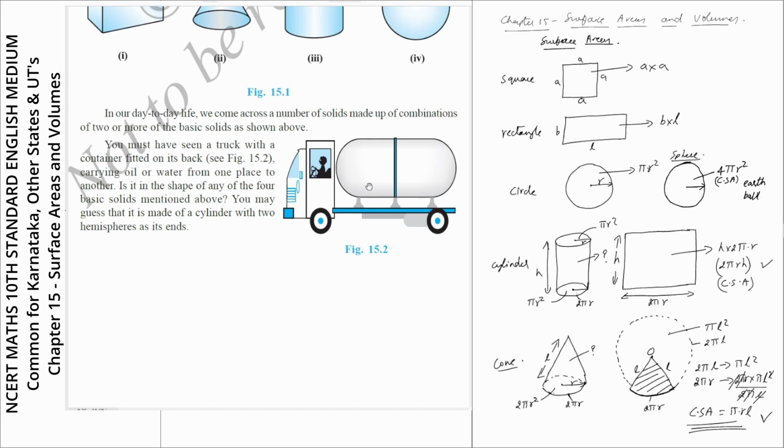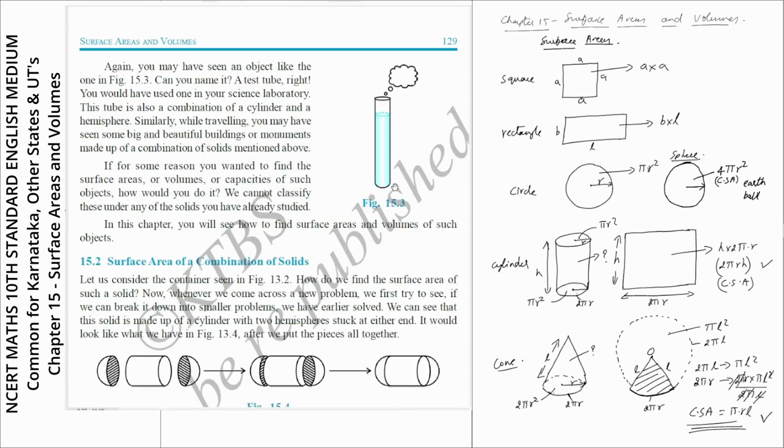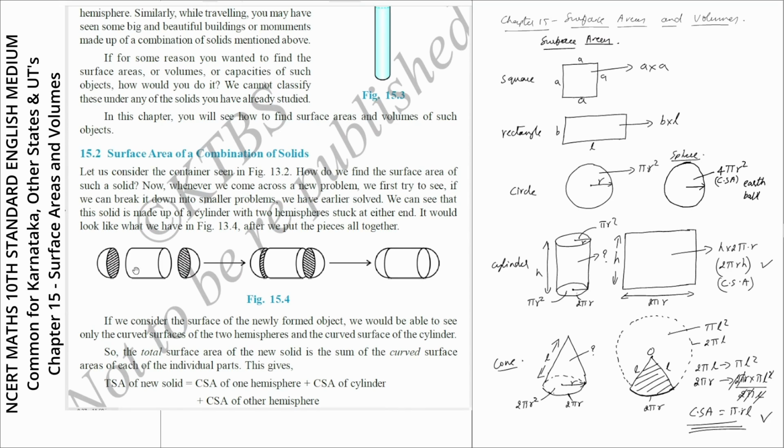Now here you can see there is a milk tanker. What could be the surface area of this milk tanker? I can divide this milk tanker into 3 parts as shown here. The first part is a hemisphere, which means half of sphere, the second part is a cylinder, and the third part is again a hemisphere.